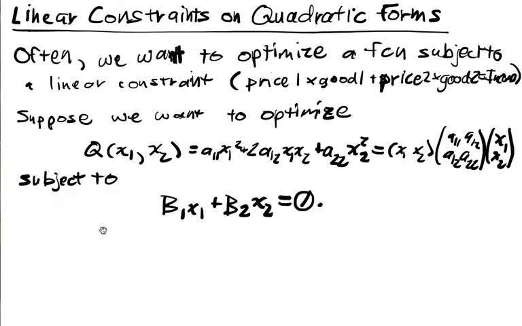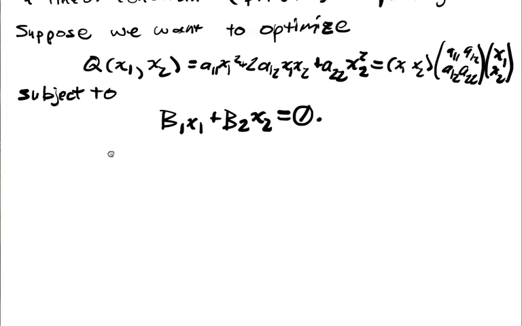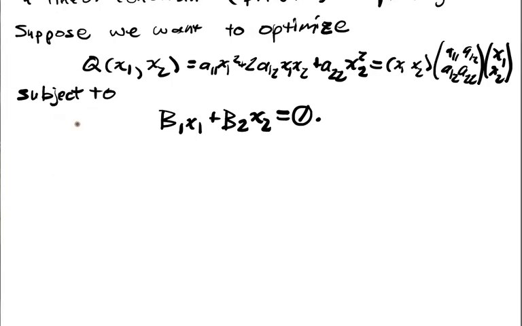So we've got our quadratic form and we've got a linear constraint, and we want to know how do I optimize this thing? In this case it's actually pretty easy to solve for the system. We're basically going to solve for x1 in terms of x2, and then we just have a function of one variable. So this is kind of cute to look at.